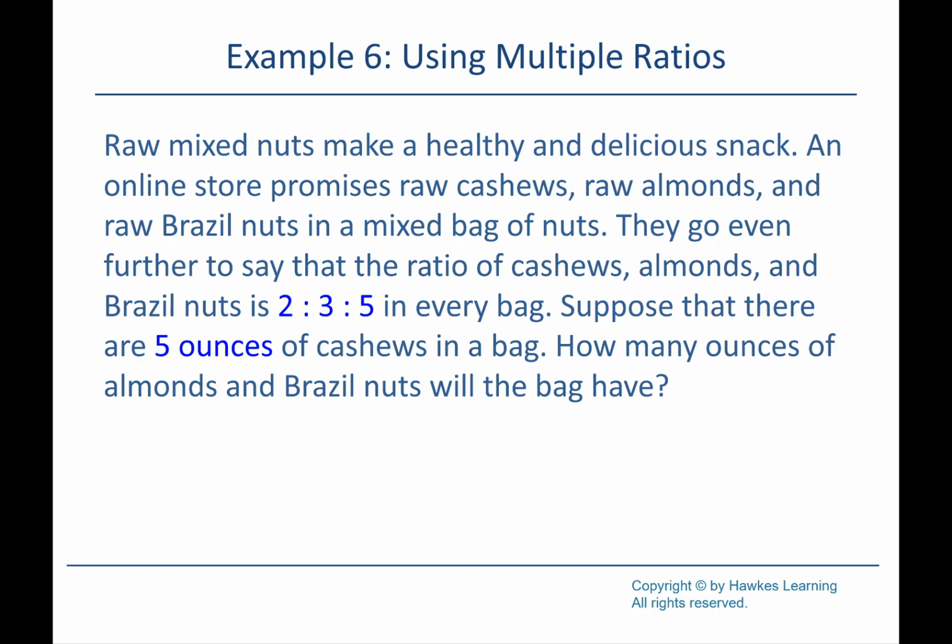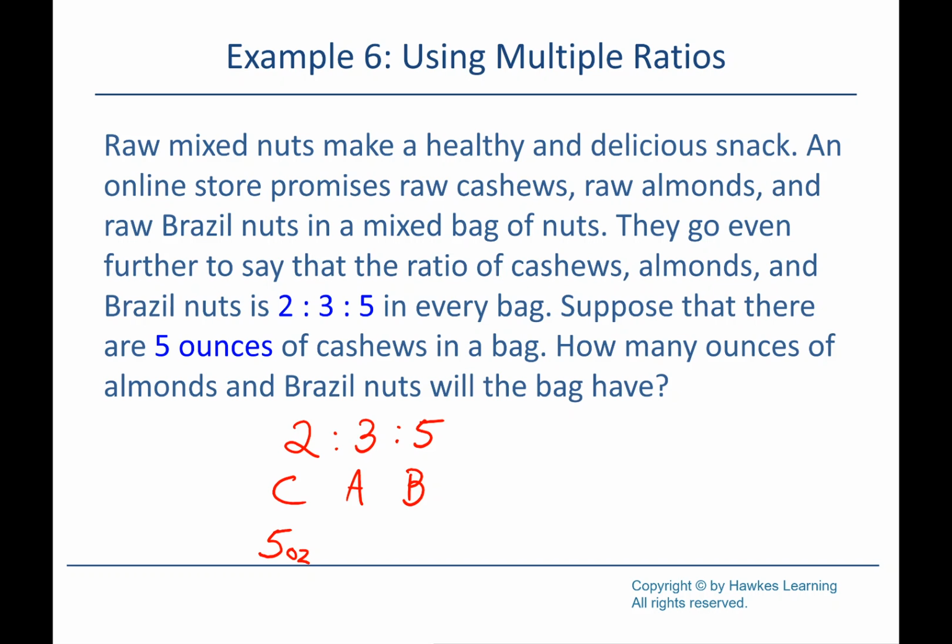So we've got 2 cashews to every 3 almonds to every 5 Brazil nuts. And then the other piece of information they give us, they say, suppose there's 5 ounces of cashews in a bag. So it tells us we've got 5 ounces of the first one.